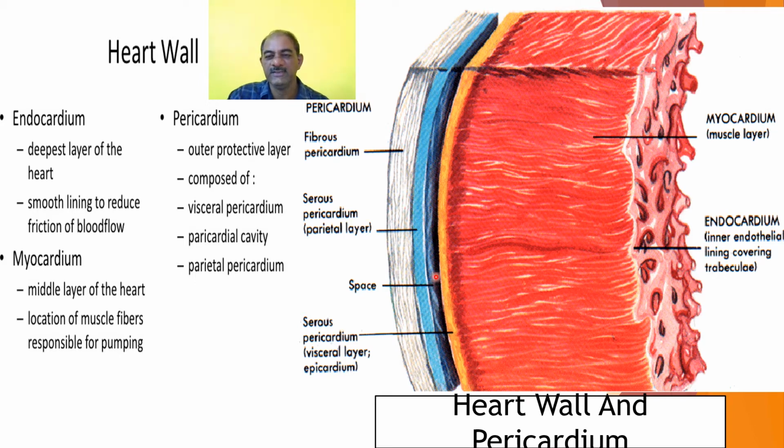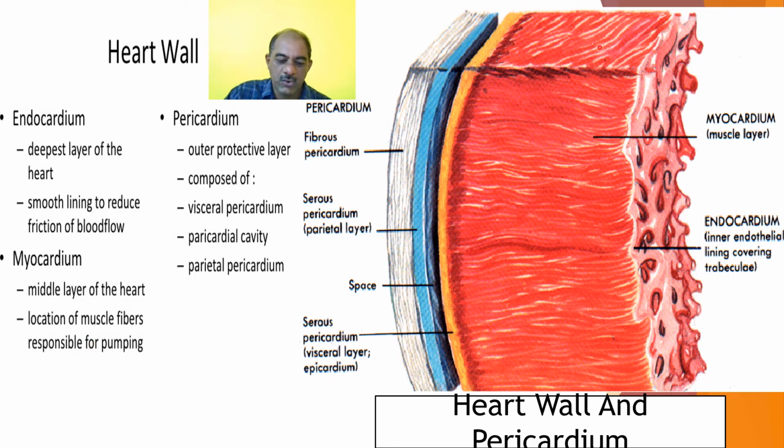The surrounding layer of the wall of the heart is called epicardium. Endocardium is an inner endothelial lining covering the trabeculae. The outer covering layer is always made up of flat epithelial cells. It is also called mesothelium.